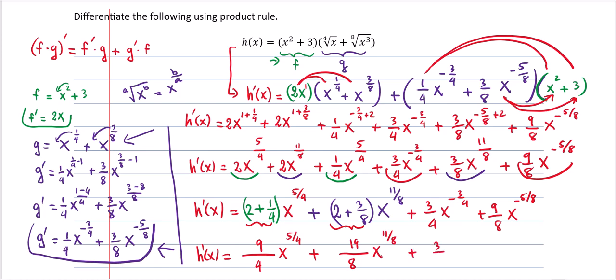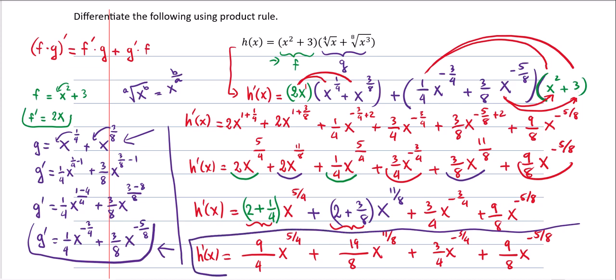And the last two terms, we don't have anything with that, so we cannot combine anything. So I will just rewrite everything down. And that should be my answer for the derivative of the function h. And this long expression is your h prime, the derivative of the function h of x that we have right here.